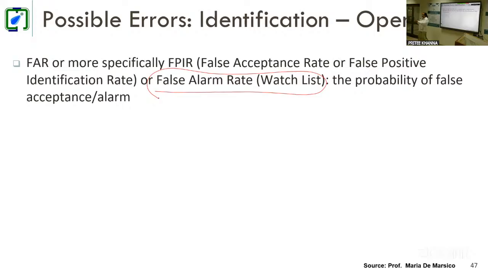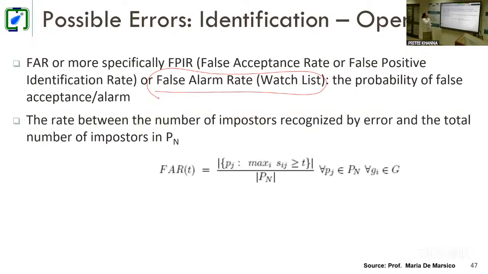Because they feel it is related to crime and all these things. So here we are calling this a watch list: the rate between the number of imposters who are recognized by error, where they are not there but the system still says yes, and the total number. The ratio between the two is the rate.